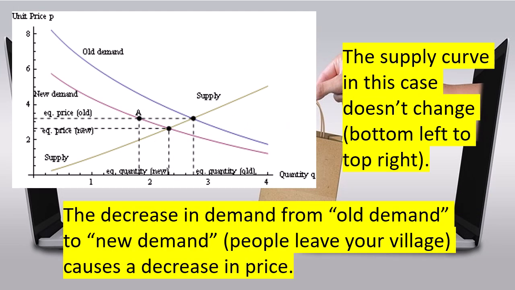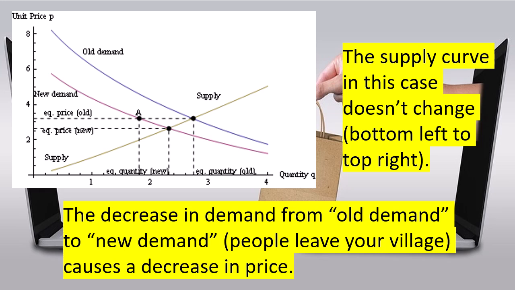So if we look at it on this graph, we have the blue demand curve, the old demand starting situation, and then we have the red demand curve, the new demand, and the supply, there's only one line, so it stays the same. So the supply curve in this case doesn't change.